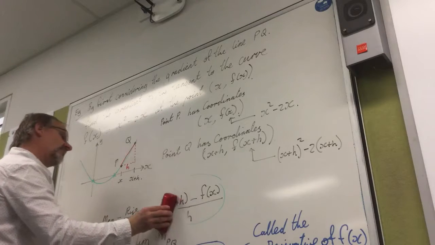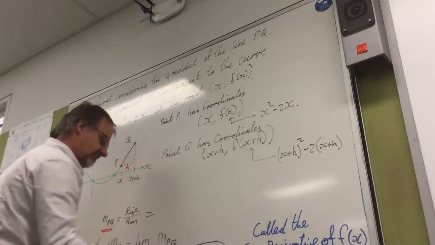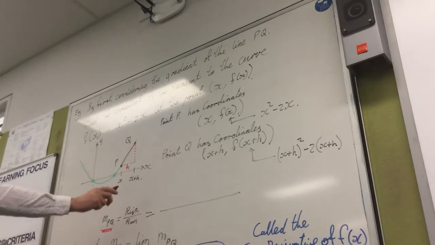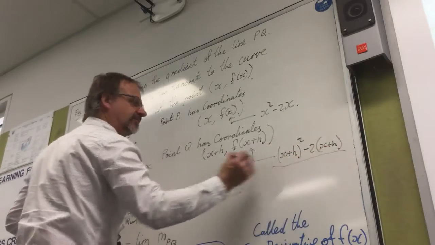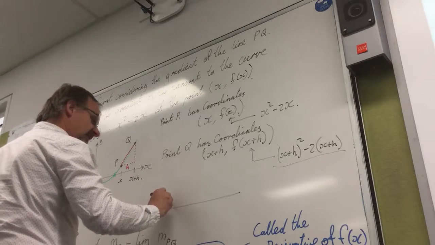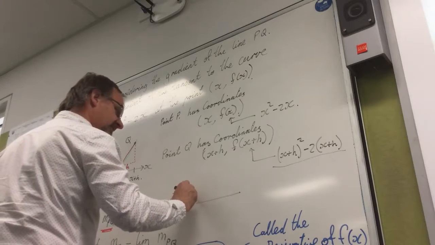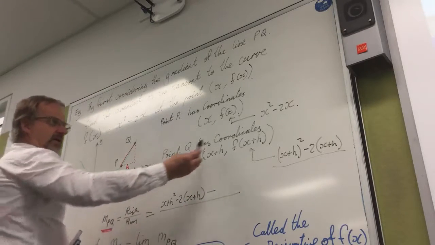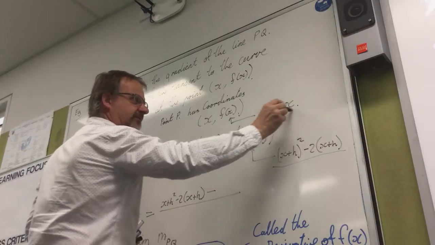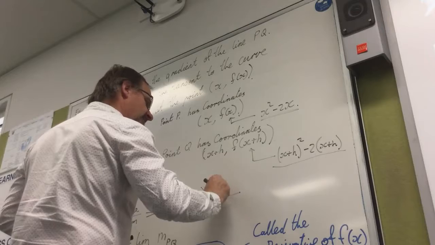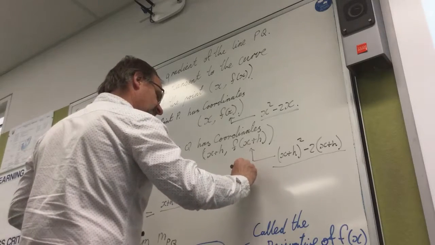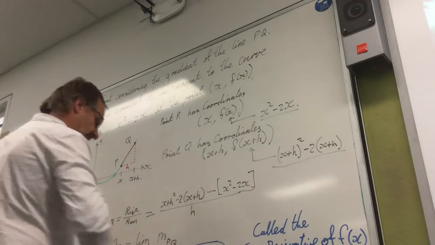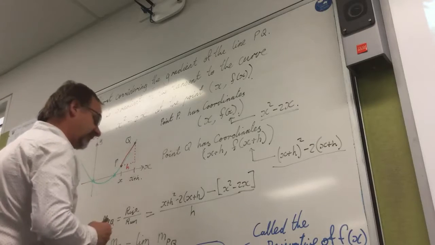So let me rub that out and put in what we've got. f of x plus h is this one here, so we've got (x plus h) squared minus 2 lots of (x plus h), and from that we're taking away our f of x, all over h. Does that have to be in brackets, x plus h squared? Oh yeah, it does. Thank you.